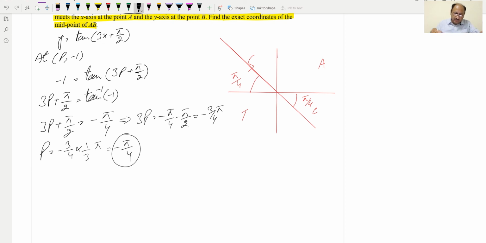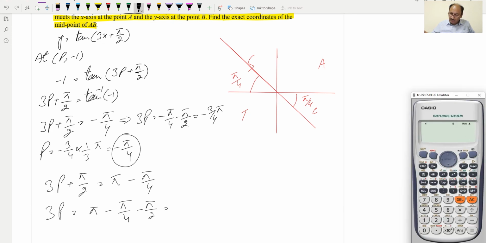Now this principal value we have utilized, and we will be getting the other value, which is 3p plus pi by 2. Again we can write it as pi minus pi by 4. So 3p will be equal to pi minus pi by 4 minus pi by 2, and we can simplify: this will be 1 minus 1 over 4 and minus 1 over 2, which is equal to 1 by 4.